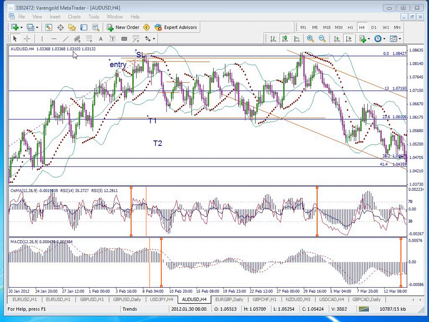I feel more comfortable when I am in trades on a bigger time frame because you have more accuracy, and also you don't have to stay all the time at the computer.